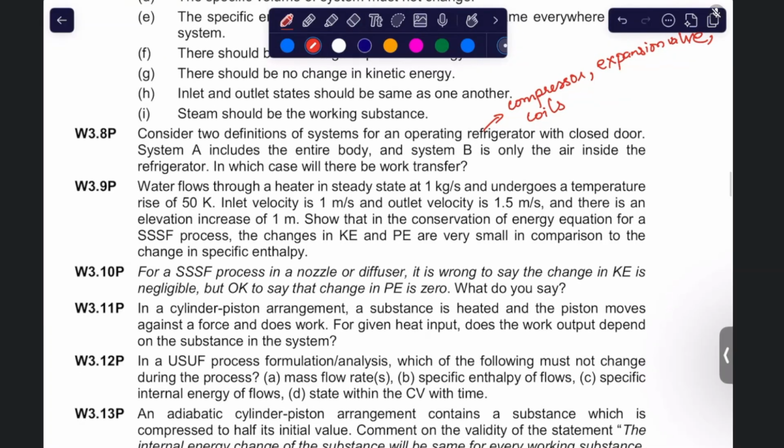That is a difference. In one system we cannot observe the shaft work, in the other system we can. So system A, it looks like only electrical energy is crossing the boundary, and mechanical work is not there. And in system B, you can see the shaft work, so the boundary of the air system is showing that work is transferred to the air also.